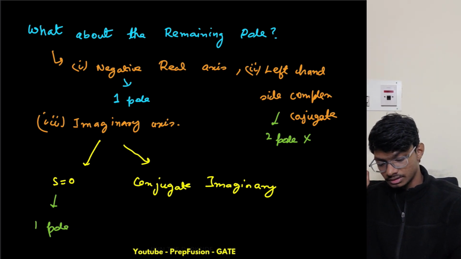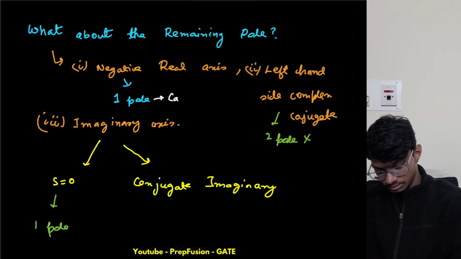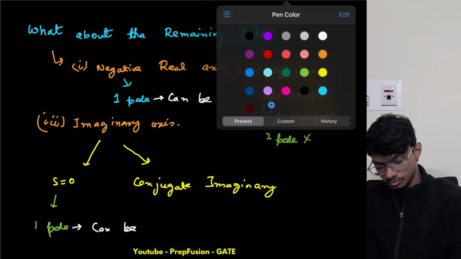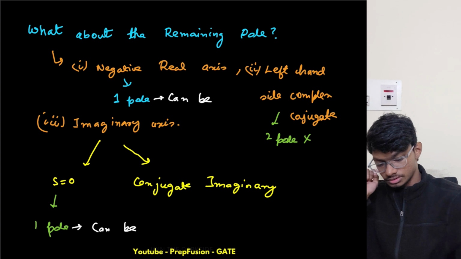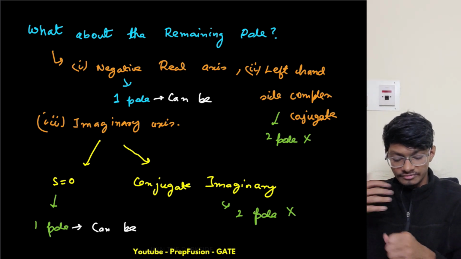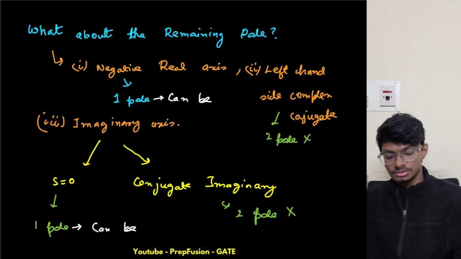I should write here 'can be', and here also I can write 'can be'. But the conjugate imaginary option again gives me two poles, so it can't give me the solution. So these two can be, but again s equal to 0 is eliminated.